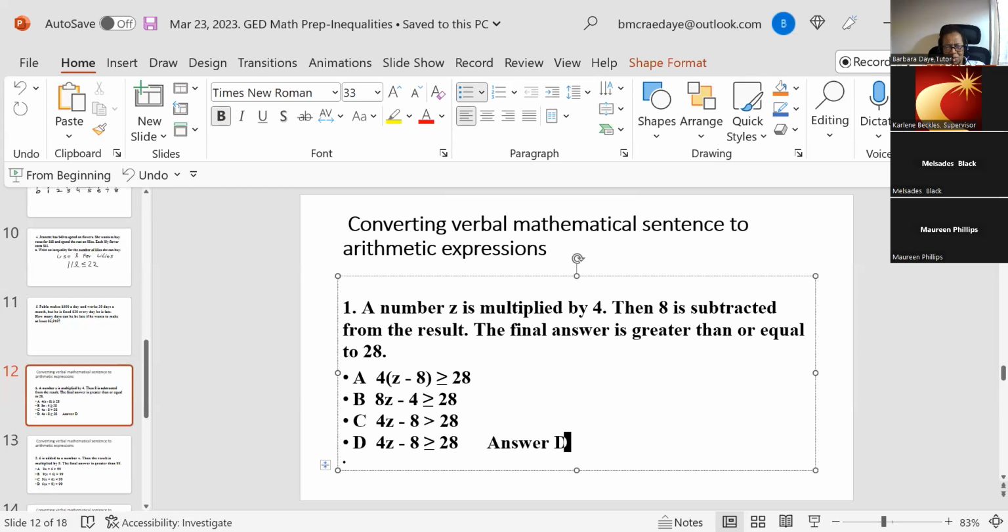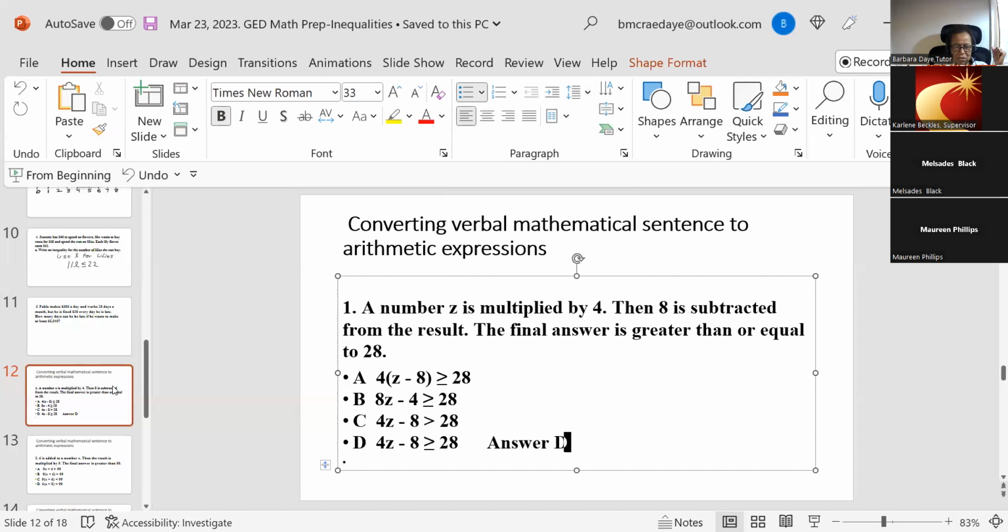The final answer is greater than or equal to 28. So that can only be D. 8 subtracted from the 4Z, and I was looking at greater than or equal to 28. So 4Z minus 8 is greater than or equal to 28, yes, this is the correct answer.